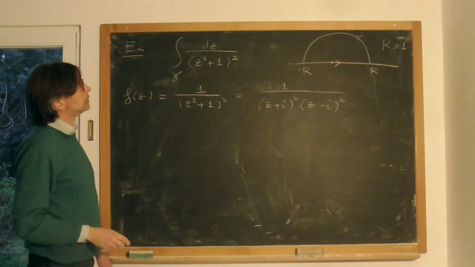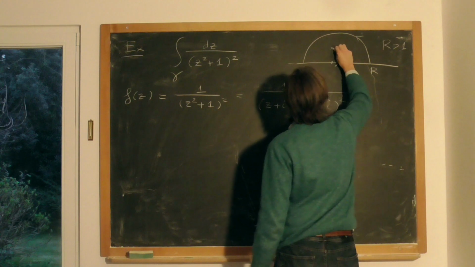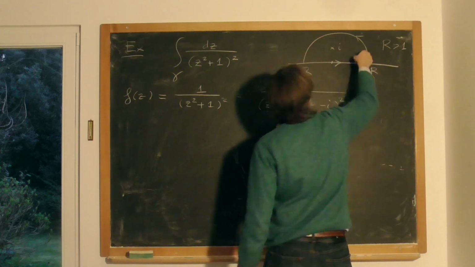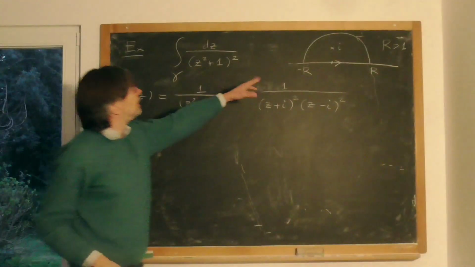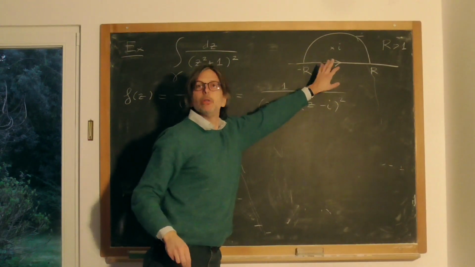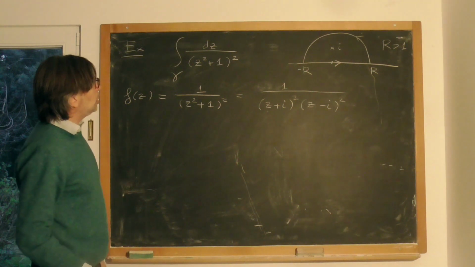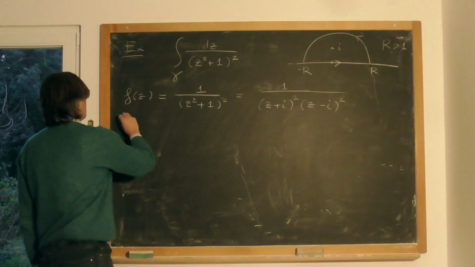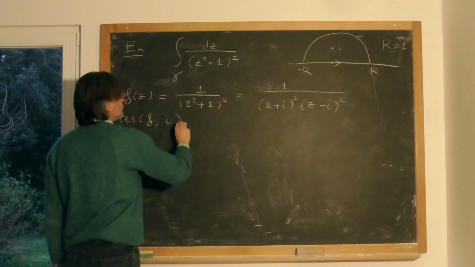So we have two poles at i and minus i, and one of them is interesting for us, the pole at i, because this is inside the region bounded by the contour. The other pole is outside, so it will not enter in our computation. So we need to know the value of the residue of f at i.